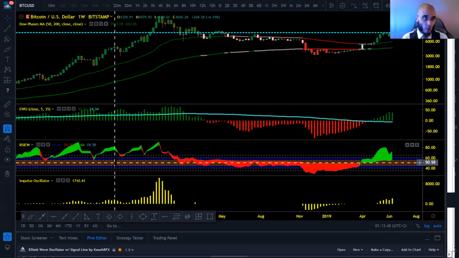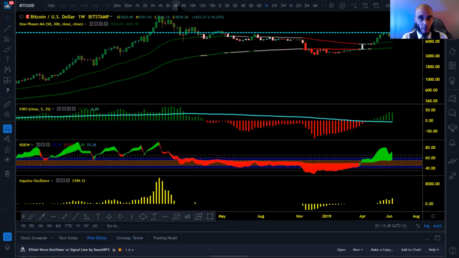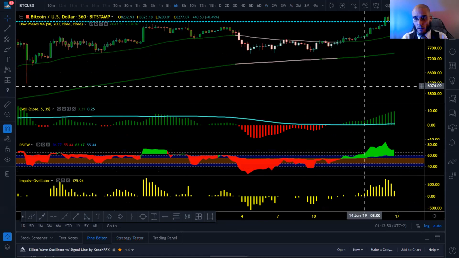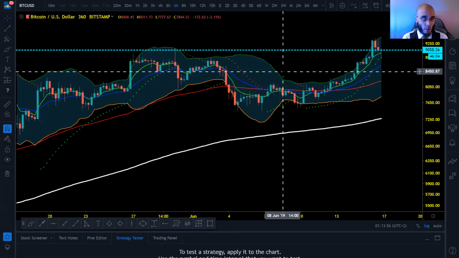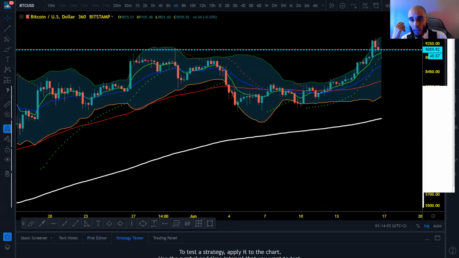On the weekly, I normally look at the 6 hour too, or at least I did that yesterday. So let's take a look at 6 hours, still positive. And then we have a Bollinger Band. And here we are also positive and in a bull market.